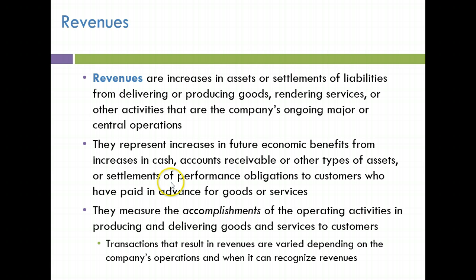It's the same concept. Obligations to customers who have paid in advance for goods and services. They measure the accomplishments of the operating activities in producing and delivering goods or services to customers. So again, depending on what company it is going to vary what type of revenue is normal for that company.